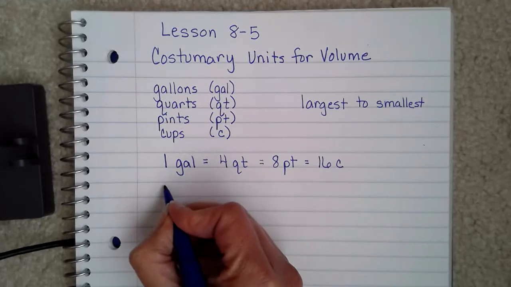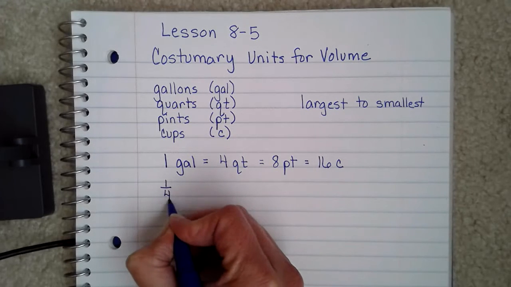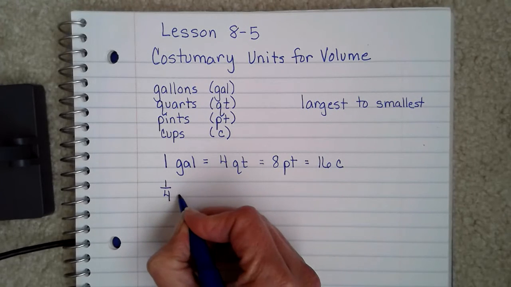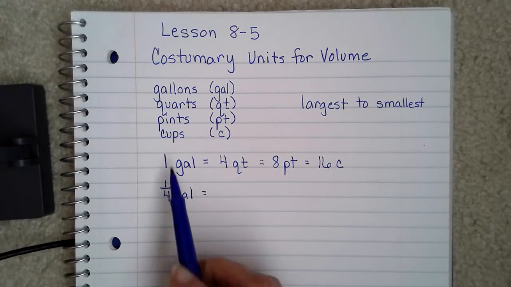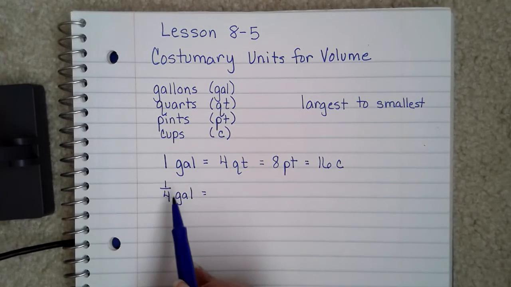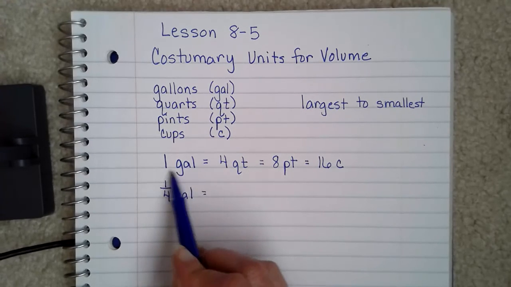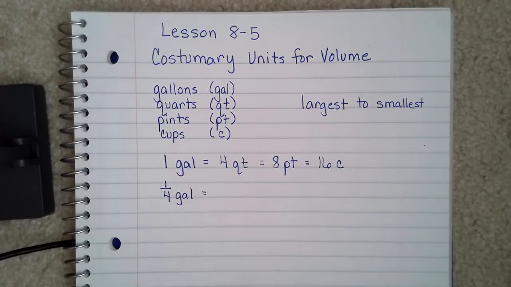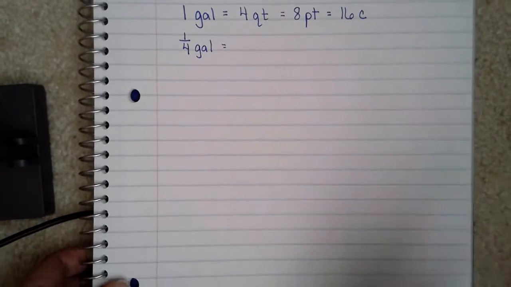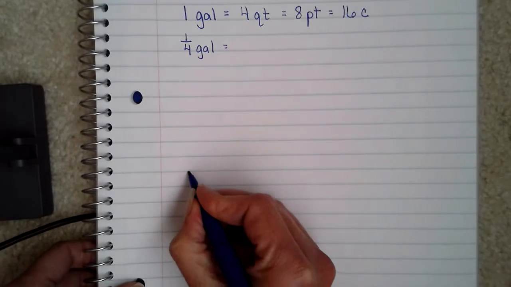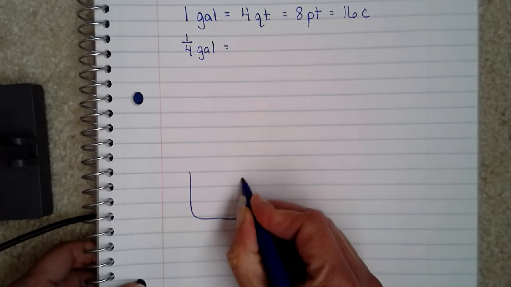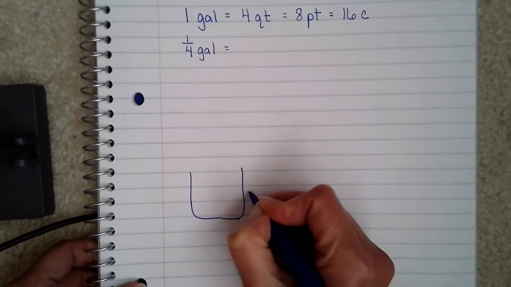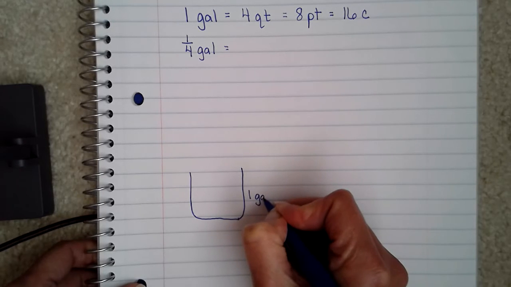So if I had 1/4 of a gallon, now if 1 gallon was 4 quarts, so now I only want 1/4 of it. So if I take a gallon and I cut it into fourths, I'm going to go down a little bit on my page here, and I'm going to draw a picture for this. I'm just going to say that this container right here is 1 gallon.